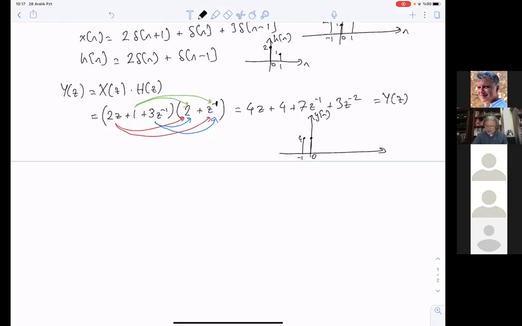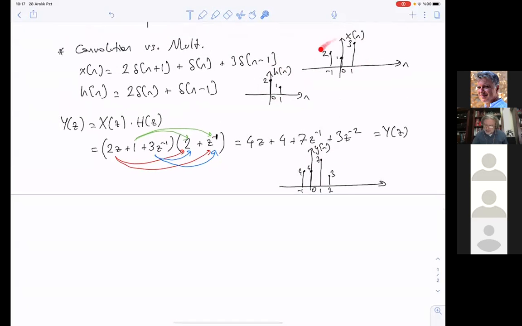It's 7 at n equal to 1, and there's a 3 at 2. So this must be the output of the convolution of this and this. Just try to convolve them and see if you can really get this one. That would be a nice exercise for you. It must give you the same thing.